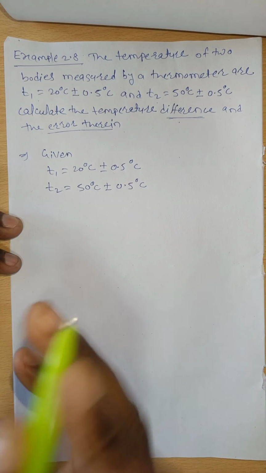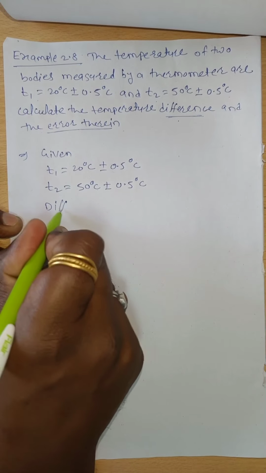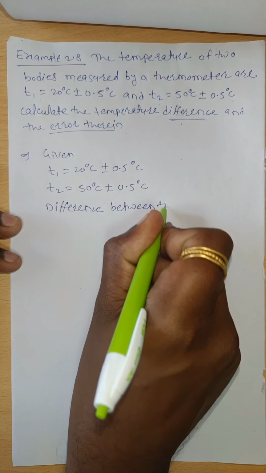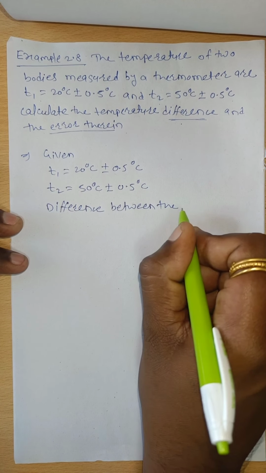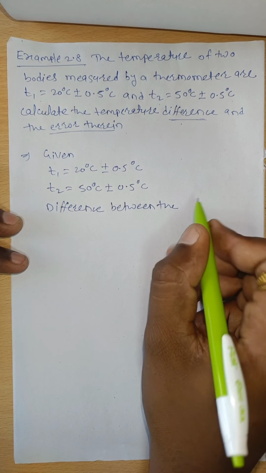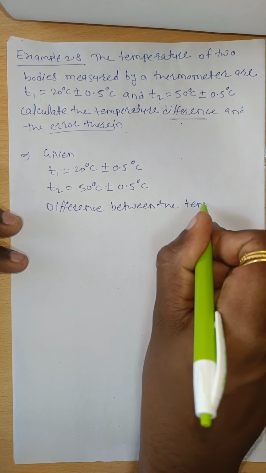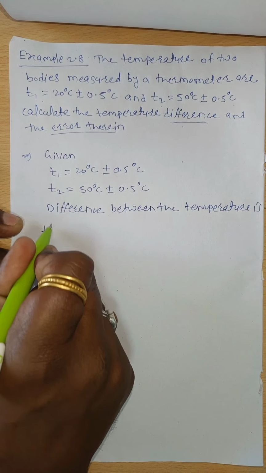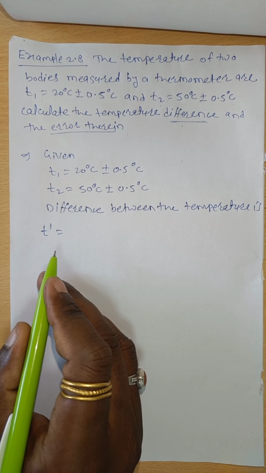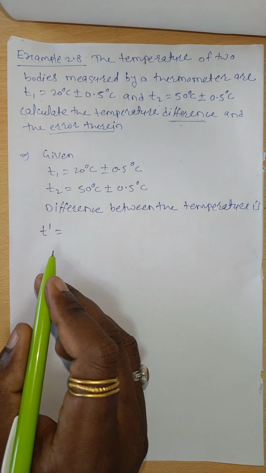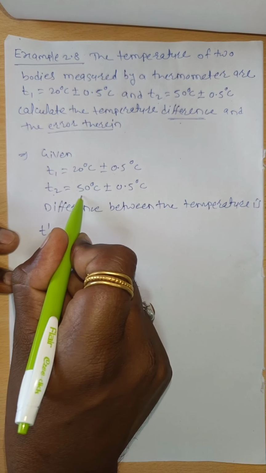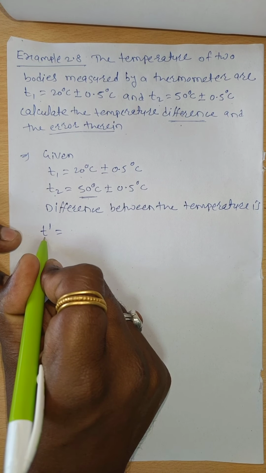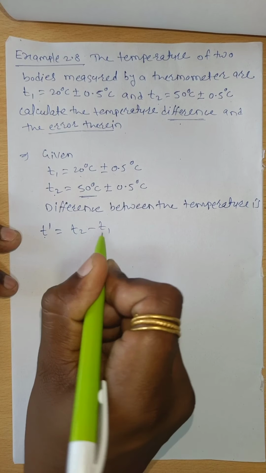Now the difference between the thermometer temperatures, the difference between the measurements of a temperature, we call T prime. The difference is nothing but the maximum value minus the minimum value. Which value is maximum? The T2 value is more compared to the T1 value. Therefore T prime, the difference, is equal to T2 minus T1.